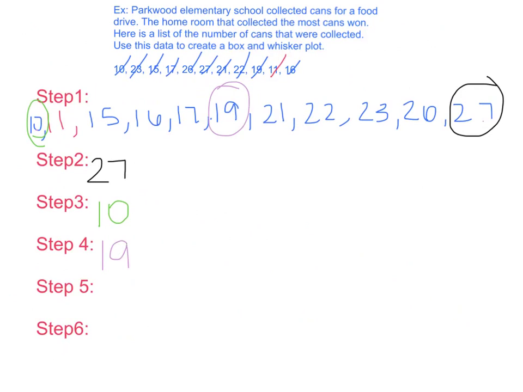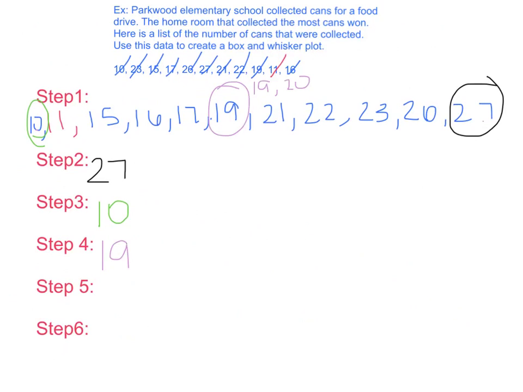The next one is going to be the lower quartile. So the lower quartile and the upper quartile are going to work 2 ways. If you have one number as your median, like we do here, then you will not use that number to find your lower quartile. But say we had two numbers like 19 and 20, and we had to find the average to find the median, then you would use those numbers.